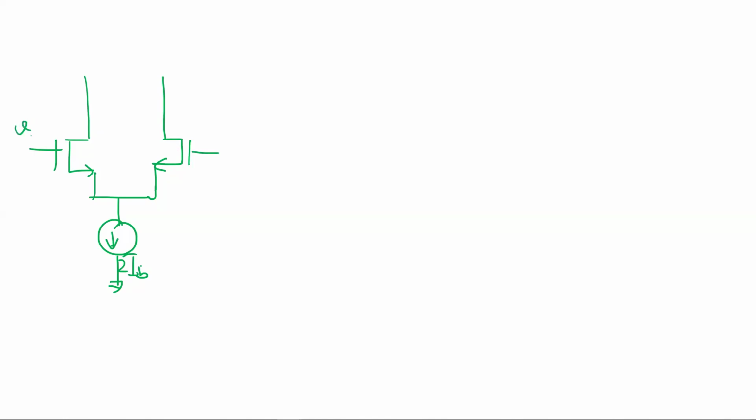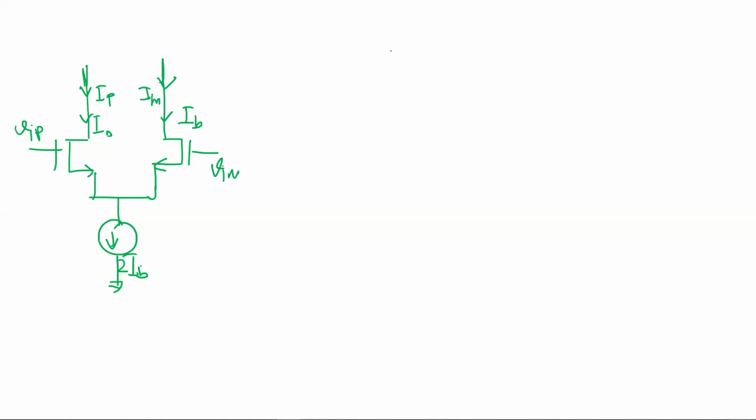when VIP and VIM are the same, then you have IB flowing in this, IB flowing in this. Okay, so don't worry about the load and all that. But let's find out what happens to the current. We'll call this current IP and IM.